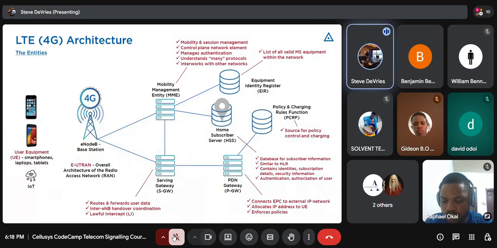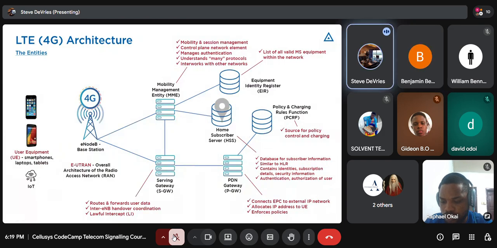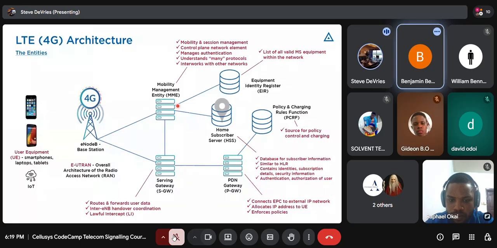Really, the MSC is more what this is doing right here. What was the mobile switching center in 2G and 3G, and remember that was a combination of the mobile switch and the VLR, the visitor location register. Those two, because the visitor location register was within the mobile switch, those two functions together are now handled right here.